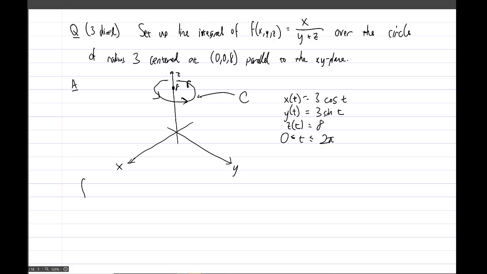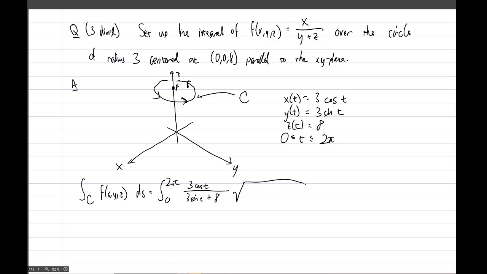Okay, then if we were to set up an integral over C of f of x comma y comma z ds, this would be the integral t goes from 0 to 2 pi of, let's see, our function f is a fraction. In the numerator it said x, so we replace x with x of t, 3 cosine of t. In the denominator there's 3 sine of t plus 8 for y plus z.